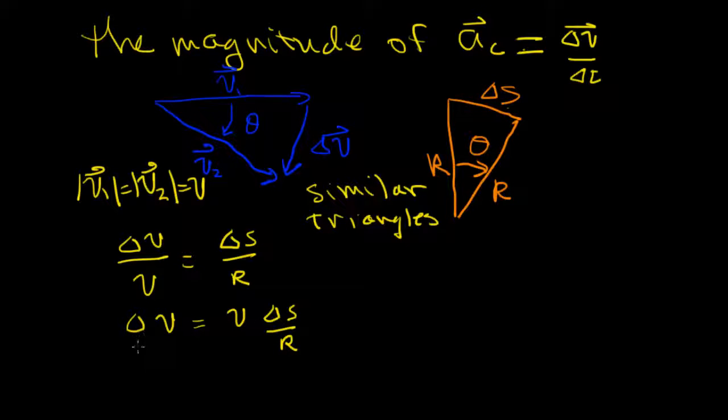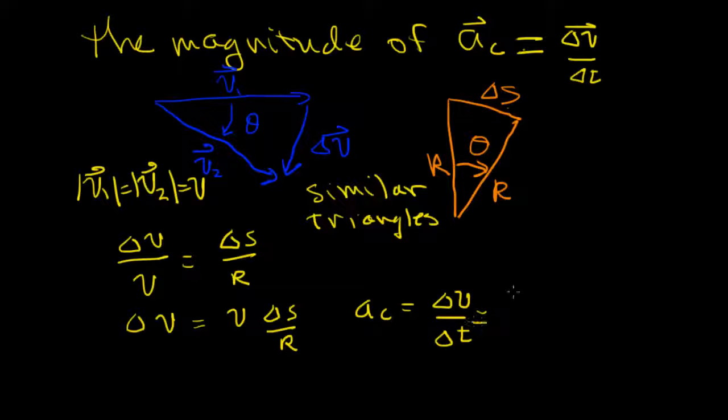But the magnitude of the centripetal acceleration, that is a sub c, is just equal to delta v over delta t. That is where this is just the magnitude of the change in velocity vector, right? And so if I want the magnitude of a sub c, it's just delta v over delta t. What is that?